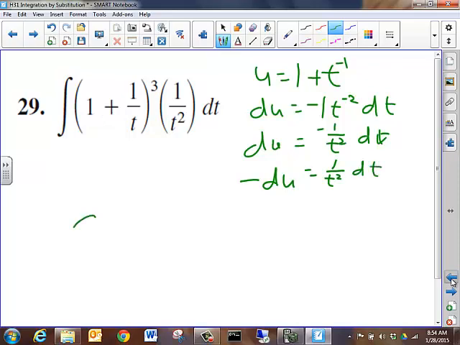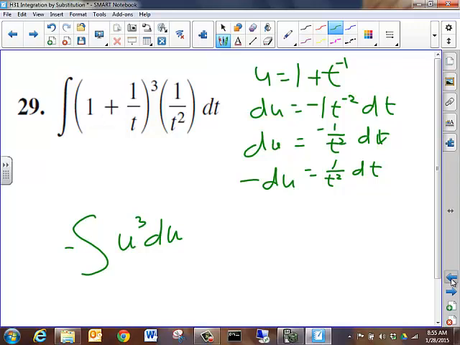So when I substitute in, I'm substituting u and negative du. I'm going to integrate u cubed, negative u cubed. Is that what everybody got? Okay, u cubed. That looks better.